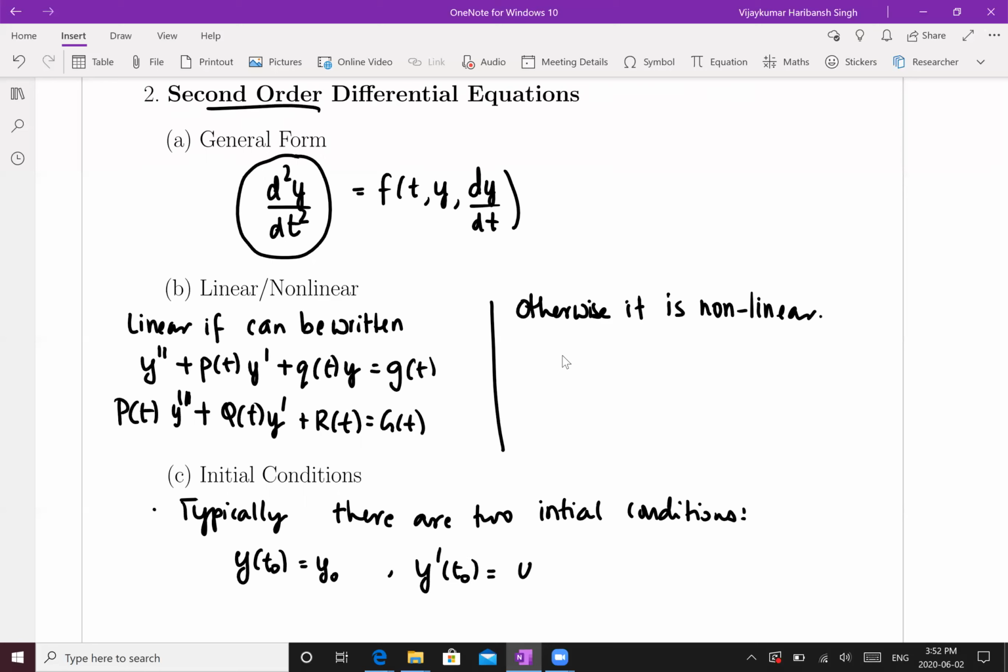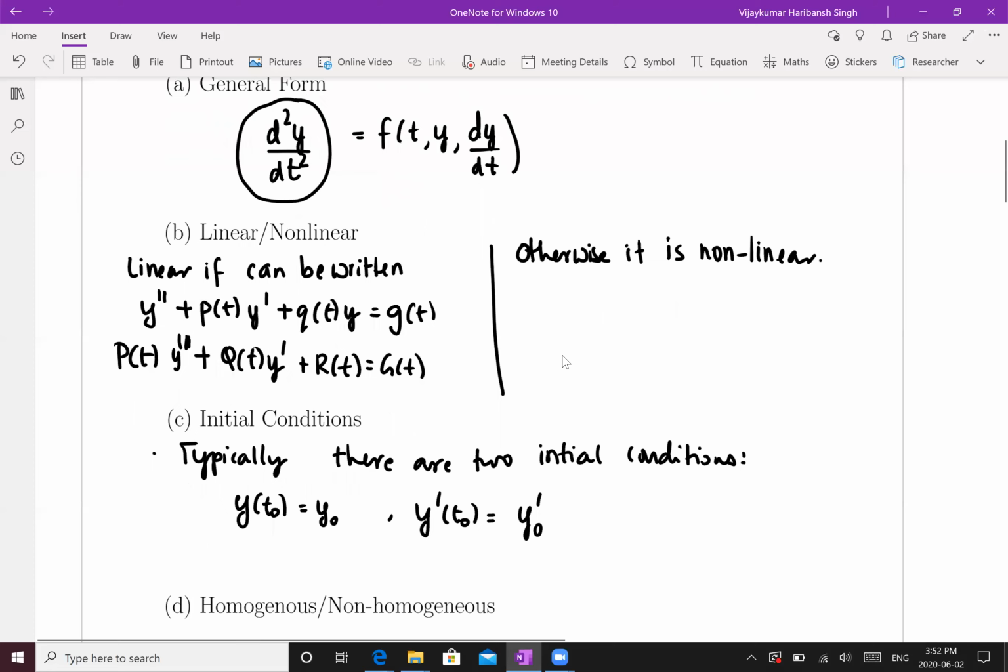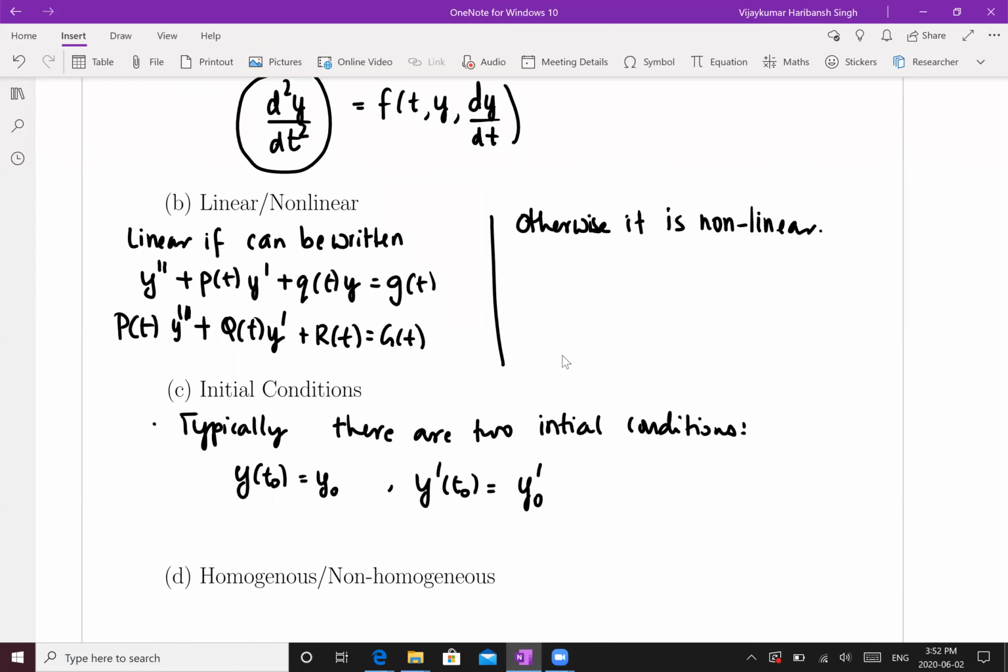We just choose to call it y naught prime, as a notation. This is not the derivative of y naught. Y naught is a constant, so its derivative is 0, right? So this is not the same as the derivative of y naught.